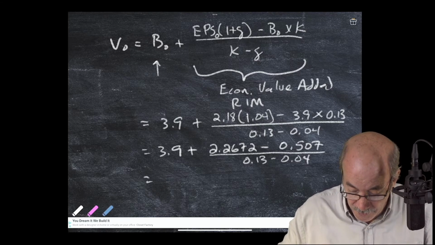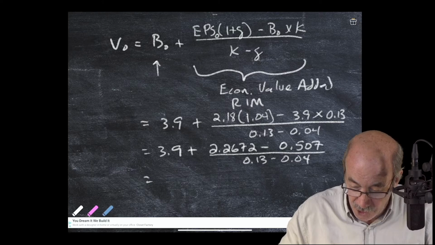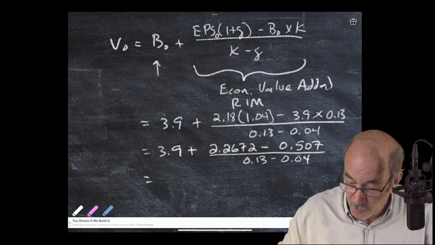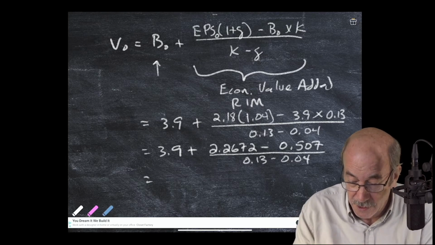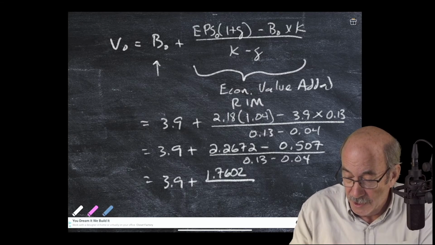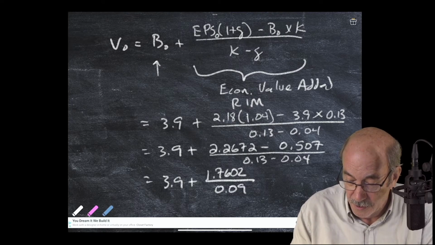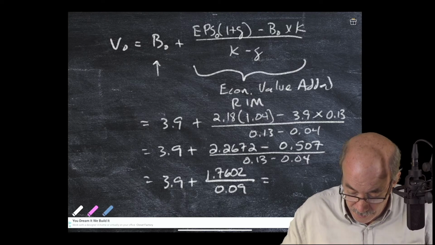And then when we do the math, 2.2672 minus 0.5070, so we got 390 plus 1.7602 divide by 0.09.